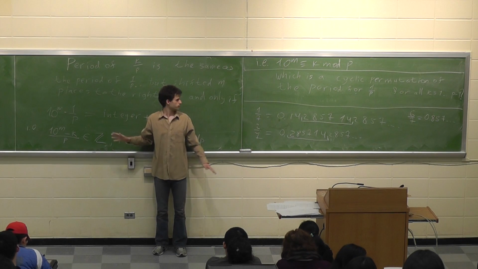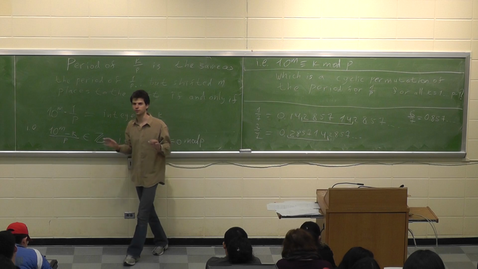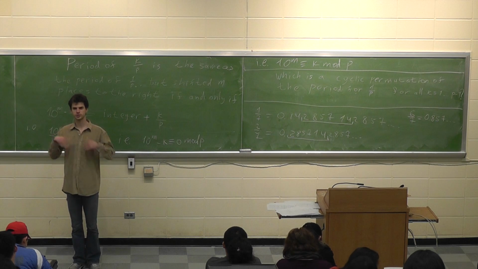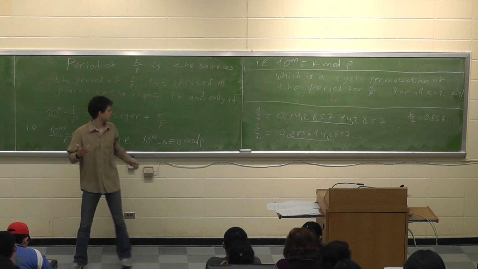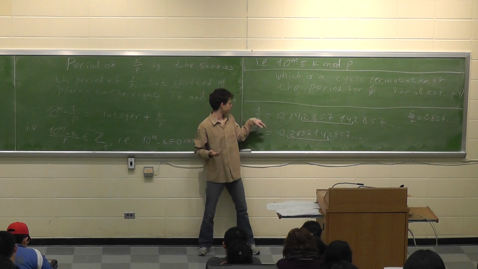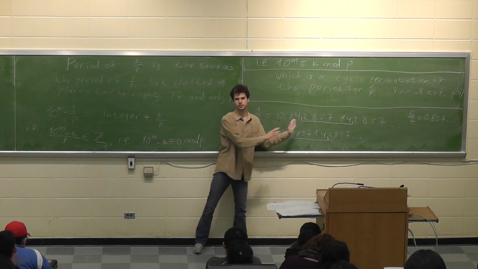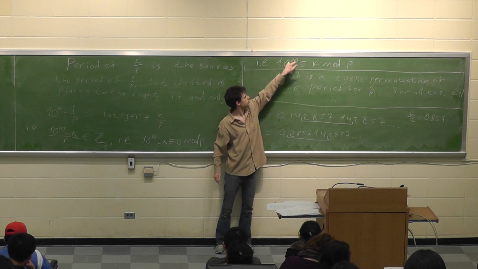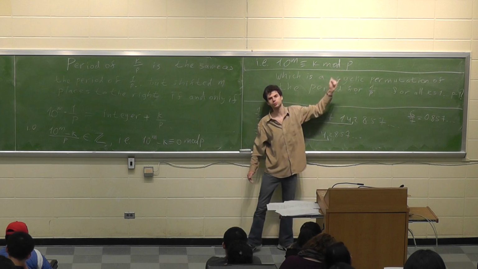Okay, so now we just interpreted this condition of taking 1 over p, multiplying by k and getting an answer which has the same value as the original one but shifted m places to the right. The condition is like this: 10 to the power m is congruent to k modulo p.